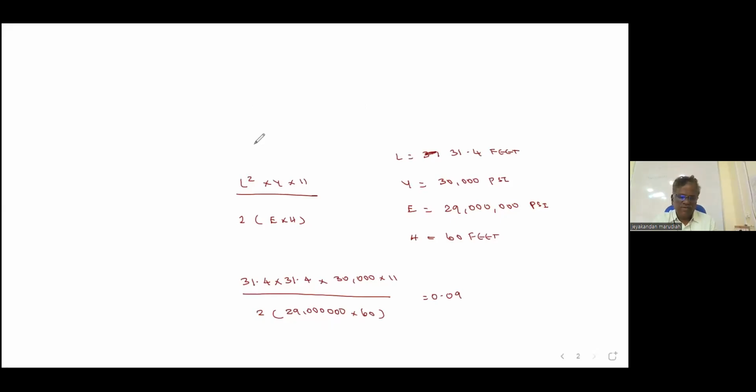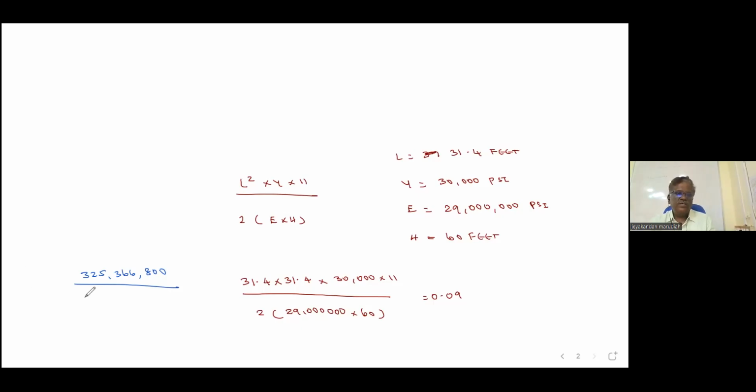L square, 31.4, into Y 30,000, into 11. So the answer we will get is 325,366,800, divided by E into H: 29,000,000 multiplied by 60, again multiplied by 2.